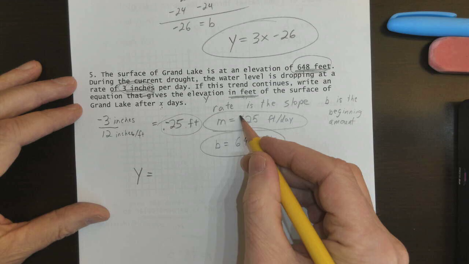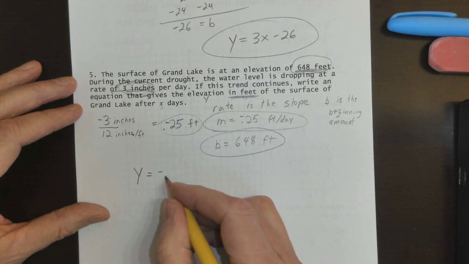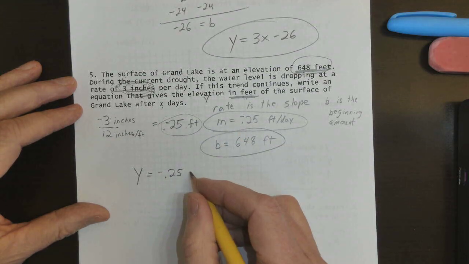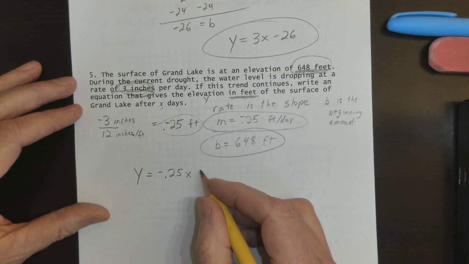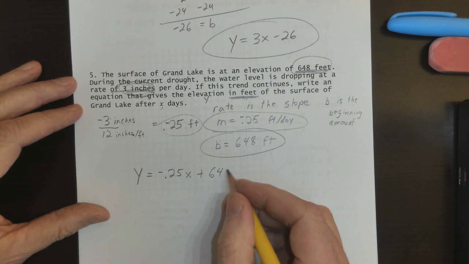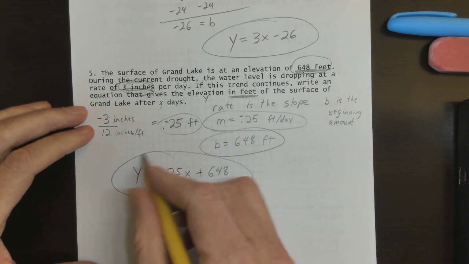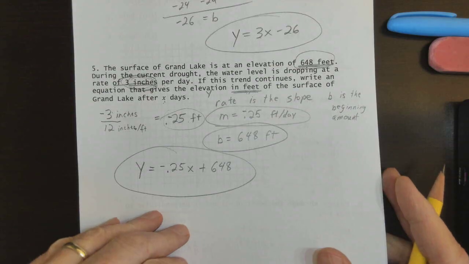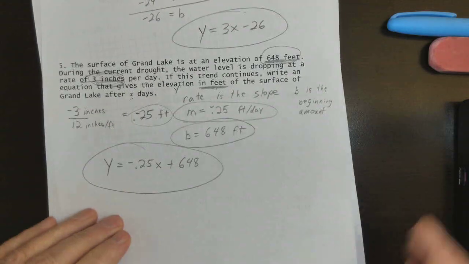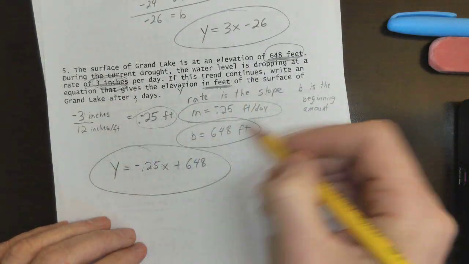Negative 0.25x plus 648. All right, there's that initial amount there. Okay, that took a little while to explain everything in that problem.